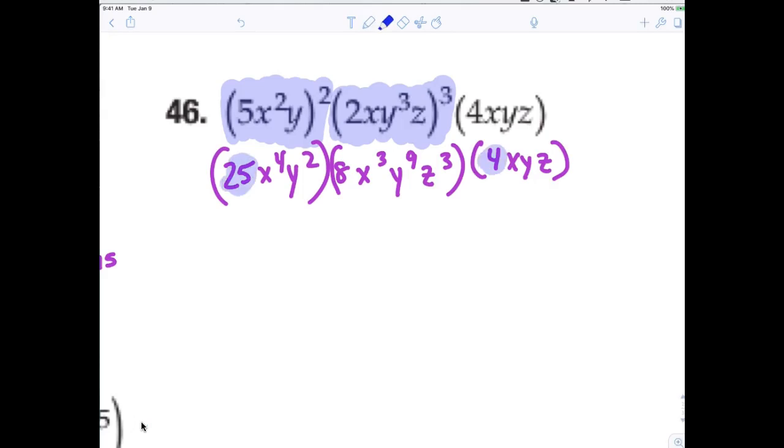Okay. All right, so we ended up with 800. All right, keep going. X to the 7. X to the what? Double check, please. Oh, sorry, X to the 8. X to the 8th. Y to the 12. Yep. And then Z to the 4.